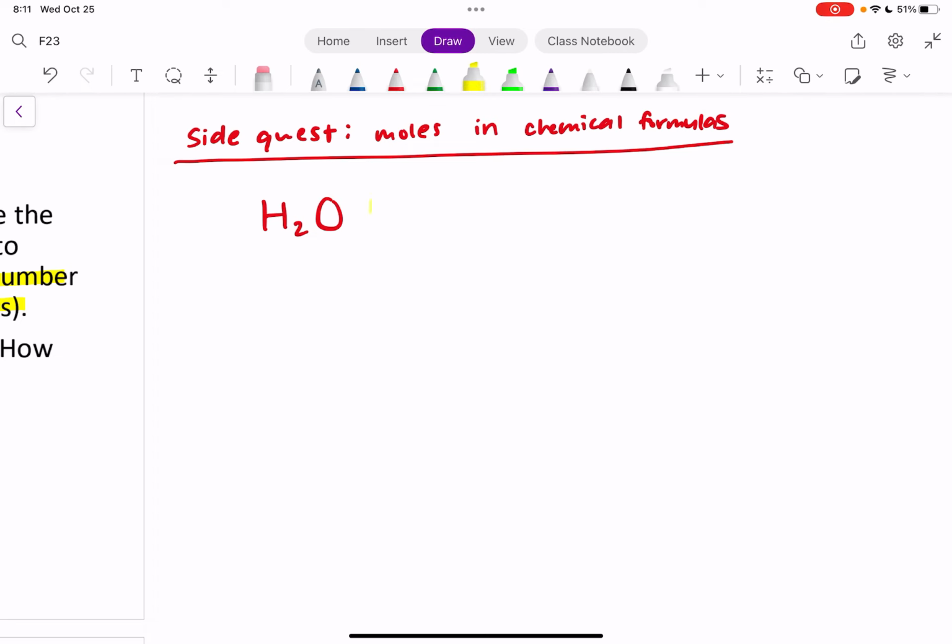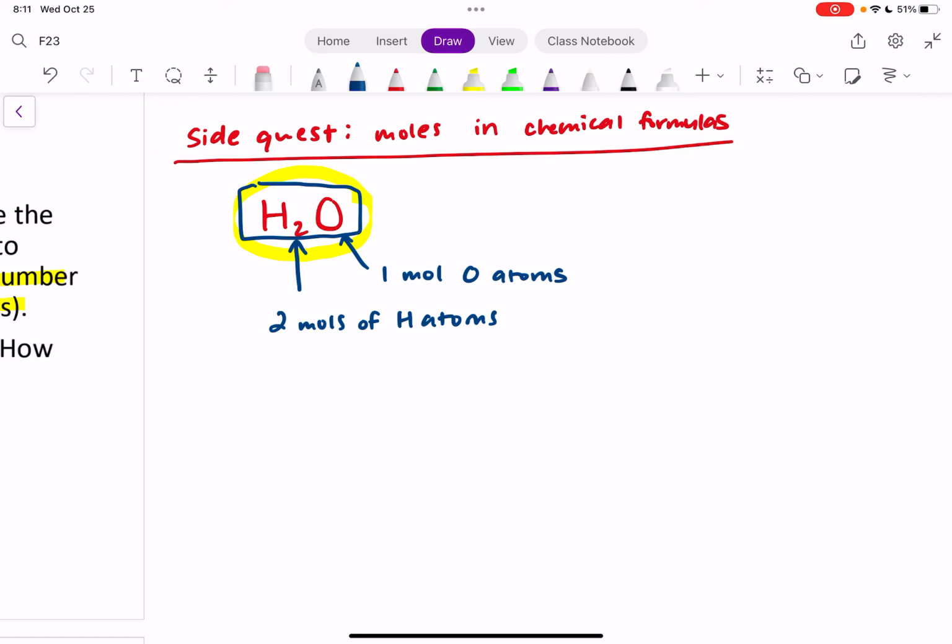What I want to tell you is that 1 mole of this substance of water, 1 mole of water, contains 2 moles of hydrogen atoms and 1 mole of oxygen atoms within, right, 1 mole of H2O molecules.